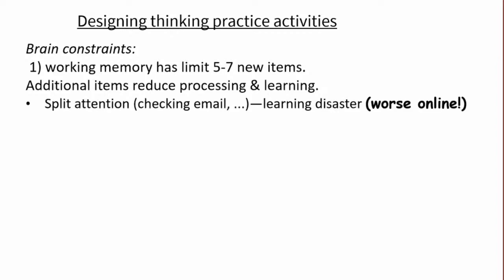One aspect of this is split attention: if students in a lecture theater are looking down at their mobile phone, texting or checking email, while the teacher is talking, this is just a disaster for learning because it uses up most of their working memory capacity.